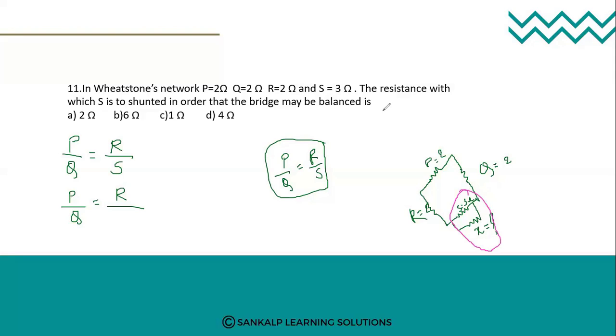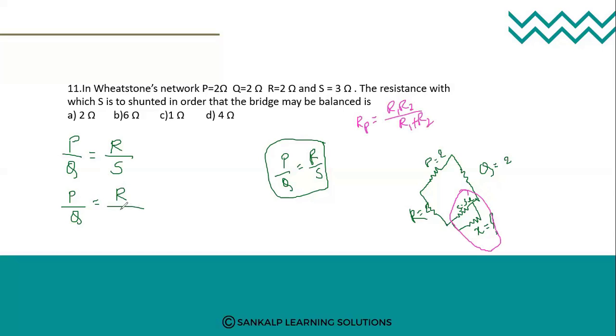For the parallel combination, the effective resistance is R1 into R2 divided by R1 plus R2. This is the effective resistance when it is in the parallel combination.